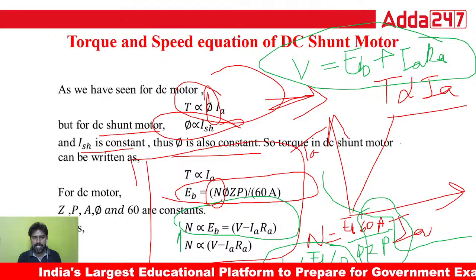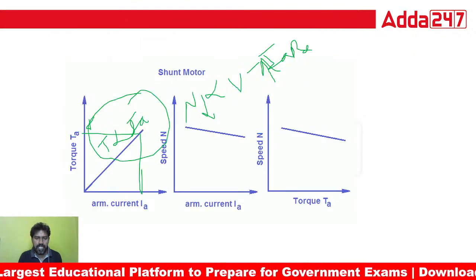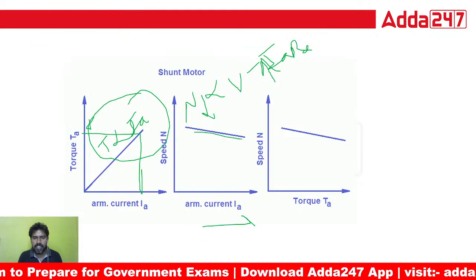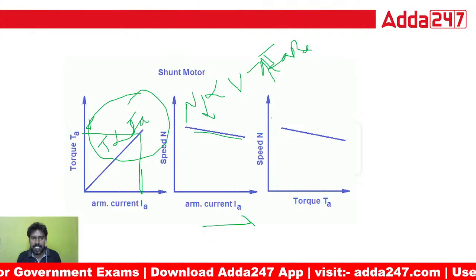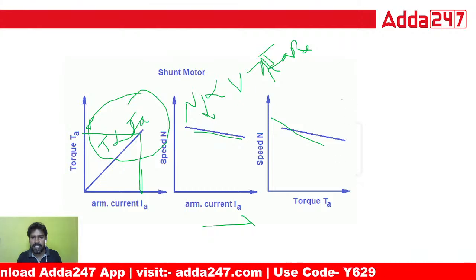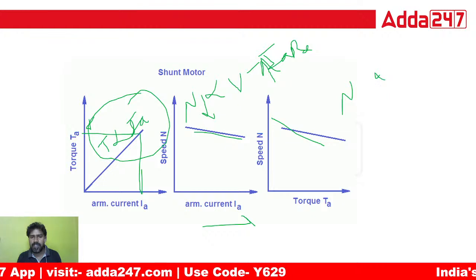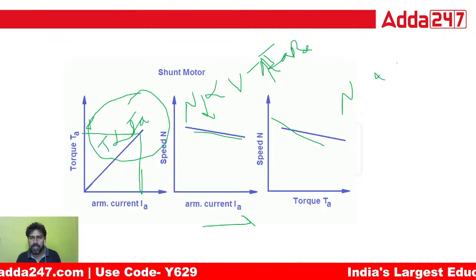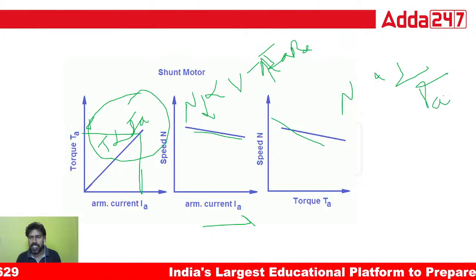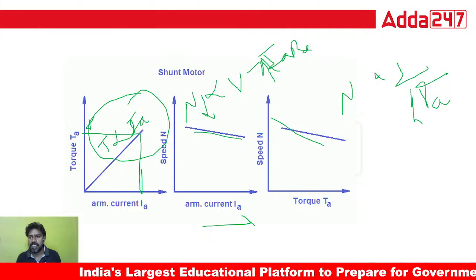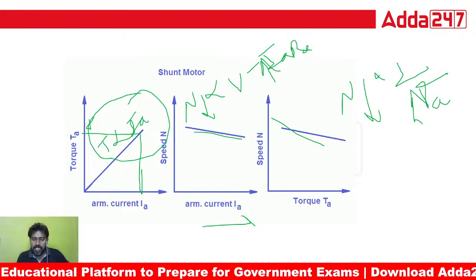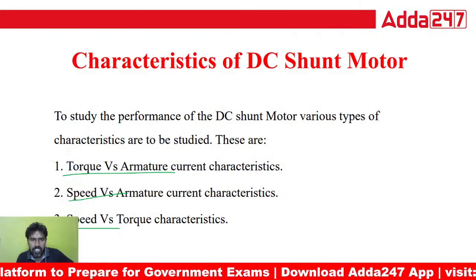So this will increase and this will decrease. Similarly, when speed is decreasing, the torque will increase. So speed is inversely proportional to the torque. This is the torque: when torque increases, the speed will decrease. These are the characteristics of a DC shunt motor.